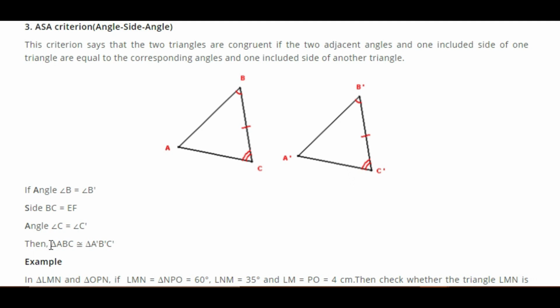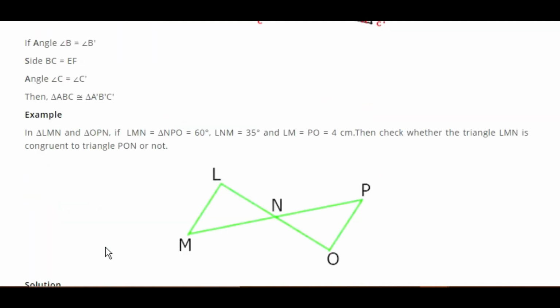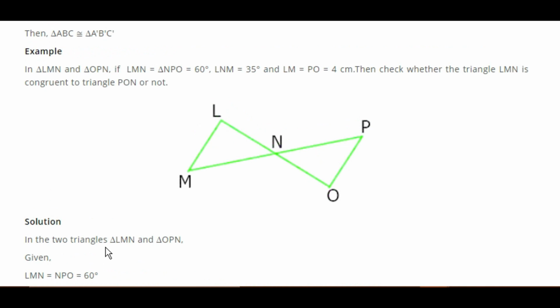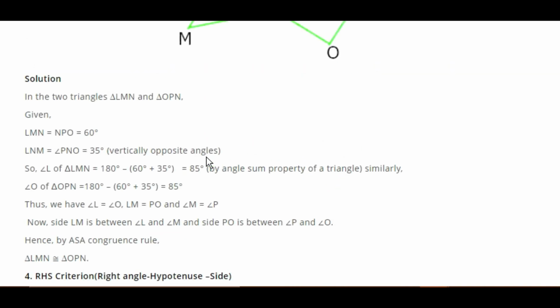So triangle ABC is congruent to triangle A dash B dash C dash. Like this, here also LN equals NO, MN equals NP, and angles LNM and PNO are equal. Why? Because of vertically opposite angles.